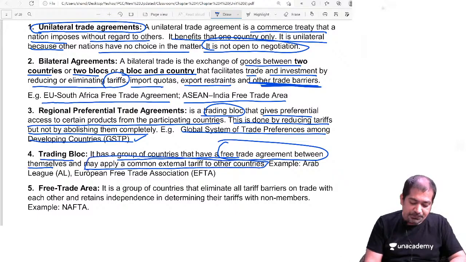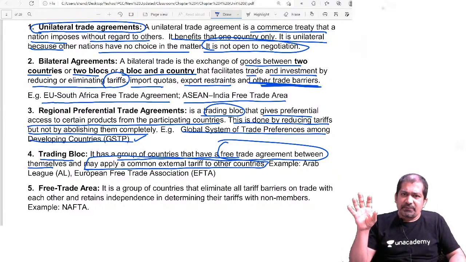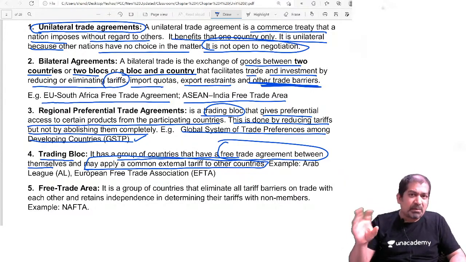Alright, so there will be a free trade agreement between the countries, but a common external tariff. It means if these countries are dealing with some other country outside the bloc, then all these countries will charge a common tariff to other countries. For example, hypothetically, if 10 countries come together, let's say India, China, Bangladesh, Sri Lanka, and say that if we import from each other, we will reduce the tariff to the minimum.